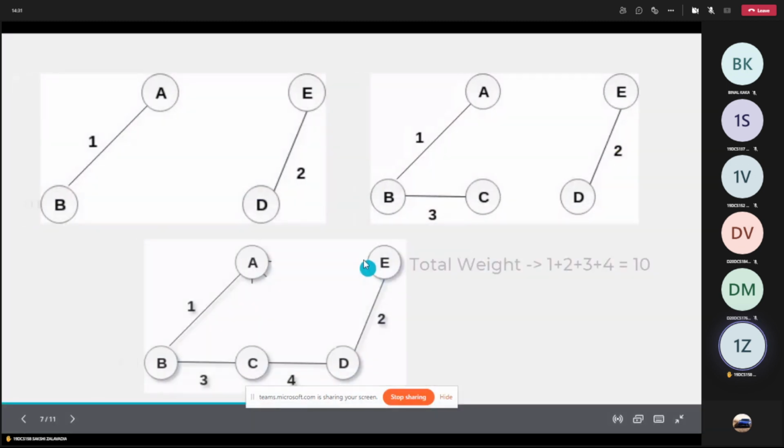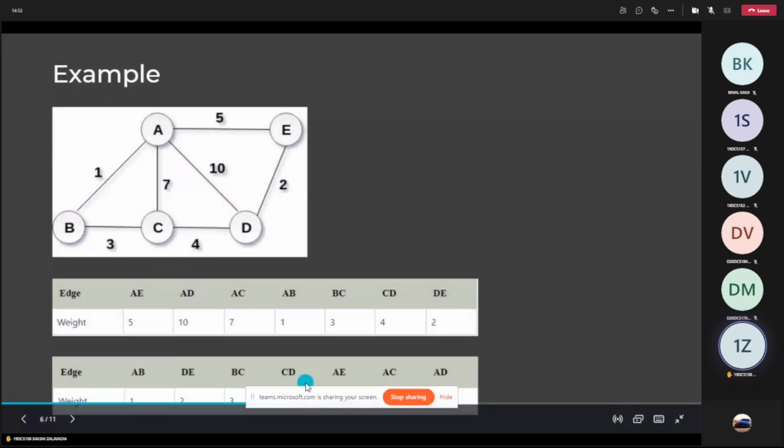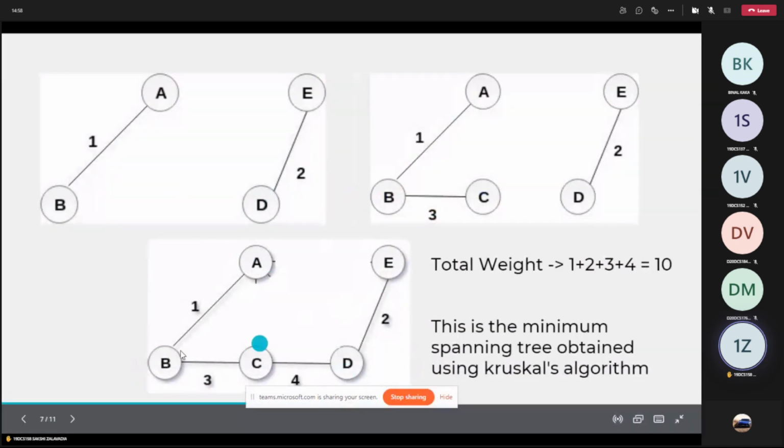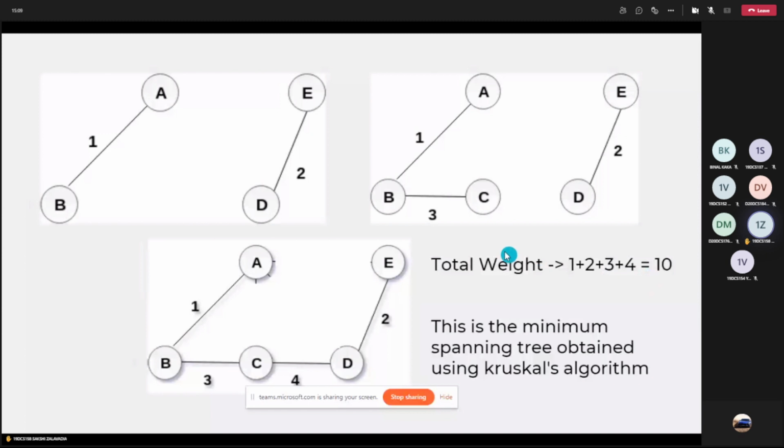As the main aim is to consider minimum weight, we consider the shortest distance first, like the edge having cost 1 will be considered first, then 2, and likewise we traverse through all the edges, till all the vertices in the graph are connected and there are no cycles in it. The total weight of these four edges will be 1 plus 2 plus 3 plus 4, which is 10, and thus we have obtained the minimum spanning tree of the given graph.